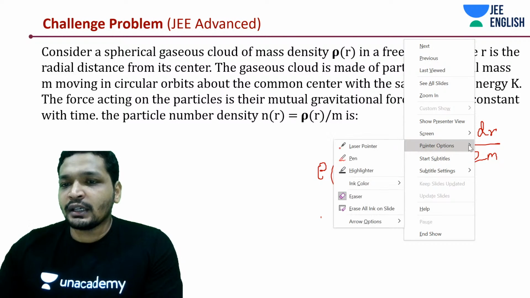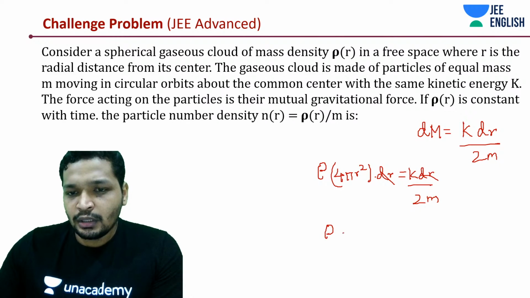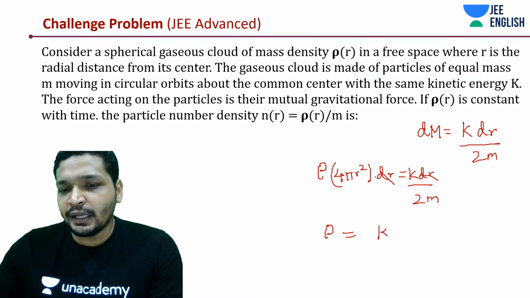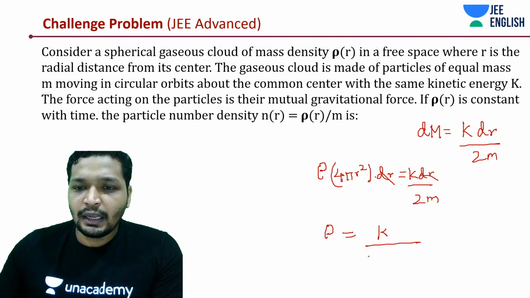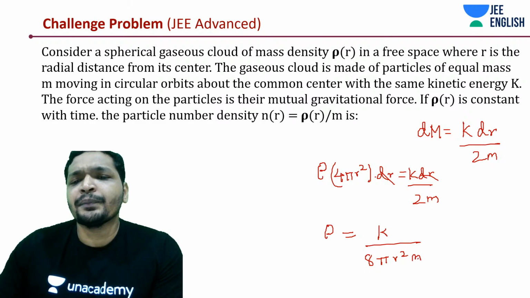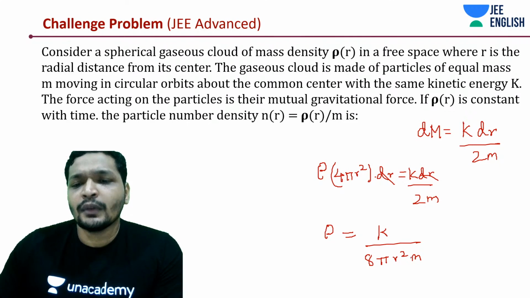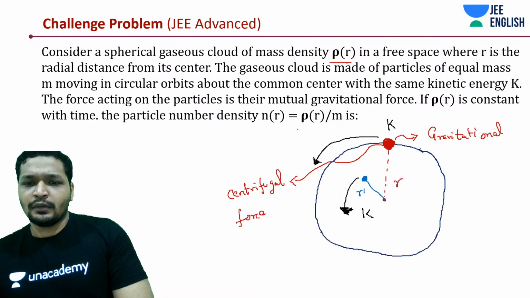So from here you will get rho as something like k by 8 pi r square m. Okay, and rho by m is what we have to find out.